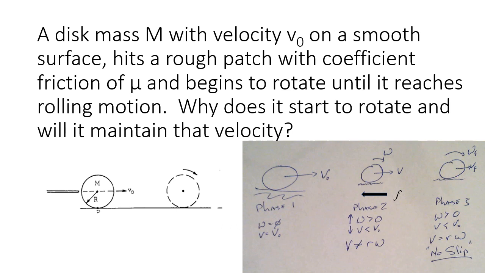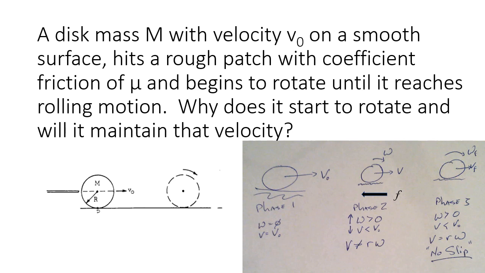And then eventually when you hit phase three, where it is in full rolling motion, what we call no slip rolling, it does have an angular velocity, and its final velocity is less than its original linear velocity. And finally, those two velocities match up through our v equals r times omega equation.